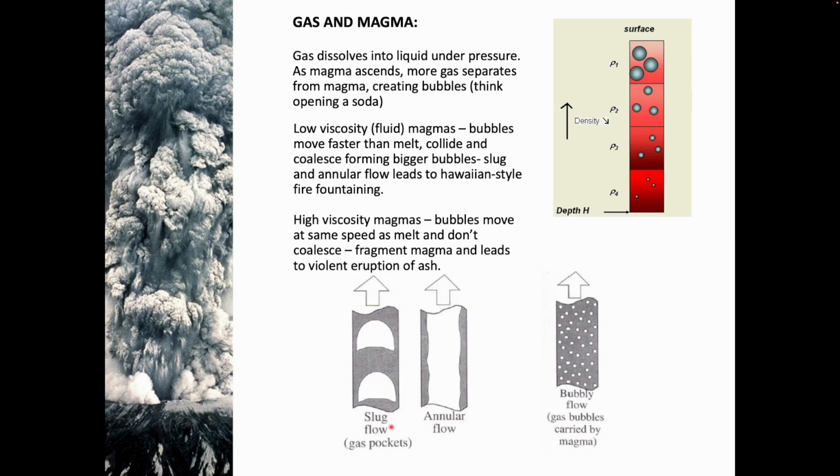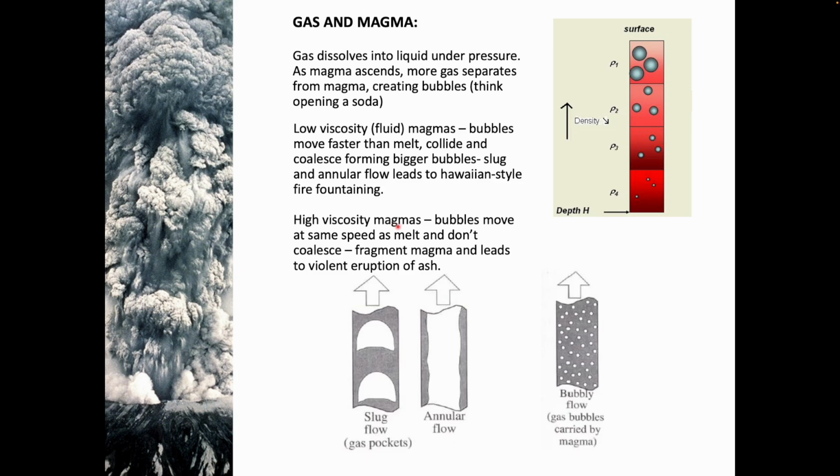We have those two kinds: slug flow, where we have individual really large bubbles separated by, I guess, puddles of liquid magma. And then we have annular flow, where we have a jet of gases which is driving, bringing along, I suppose, the extra magma along the ridges of your volcanic conduit, which is the actual passageway that liquid magma is rising to the surface within.